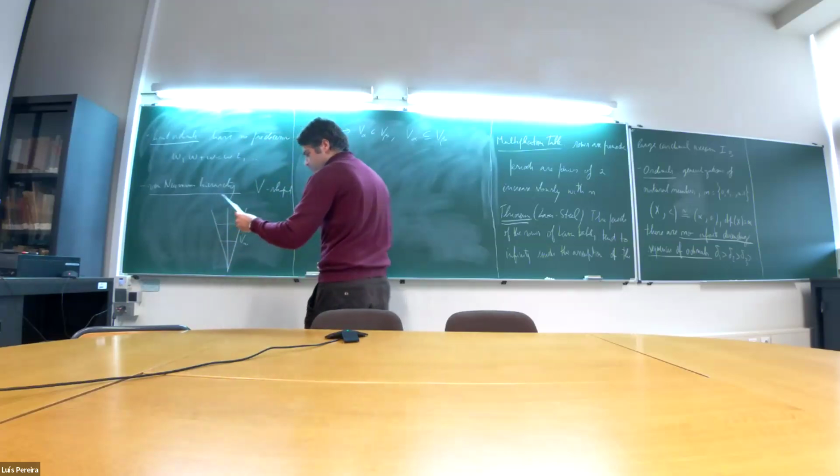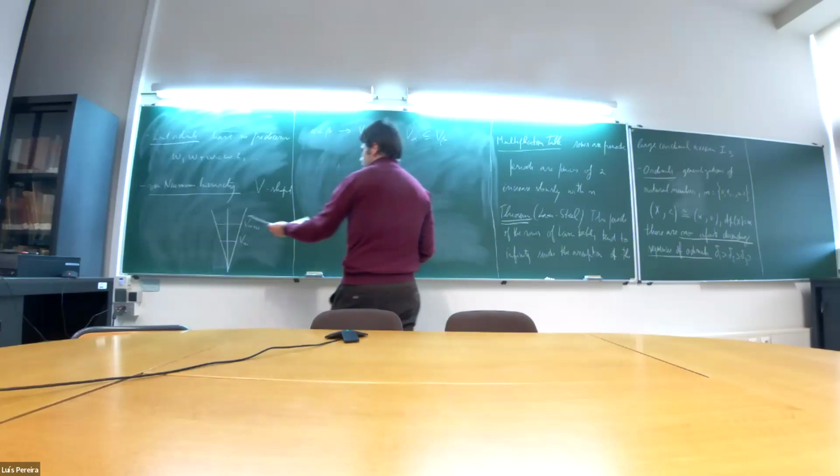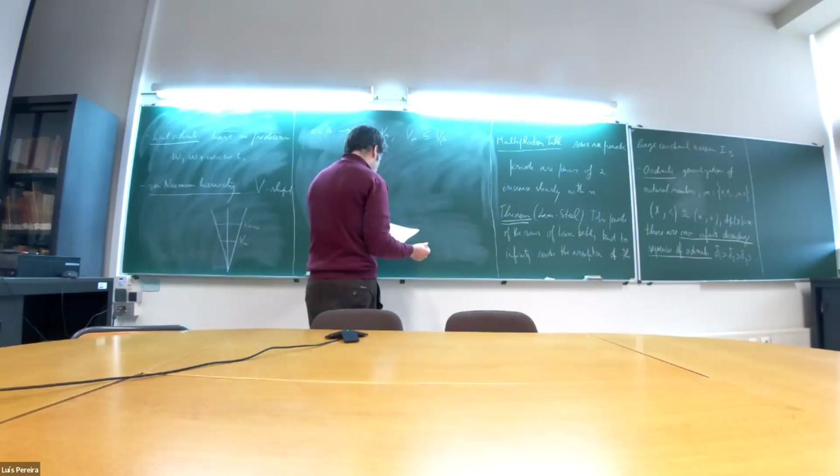So V omega plus omega sees everything that V omega sees. There's this notion of rank that I will skip. It's not important.